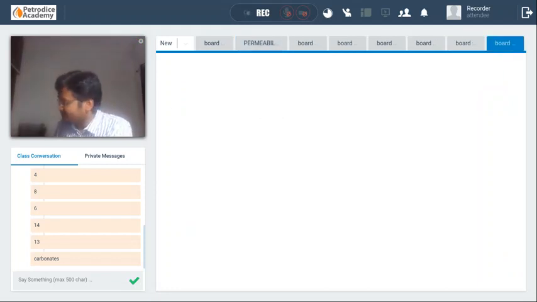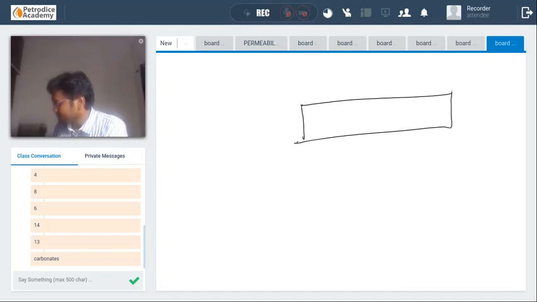So guys, let me explain this. Let us take a rock sample. Generally, we use a single fluid, be it oil or water or any paraffin fluid or even gas.